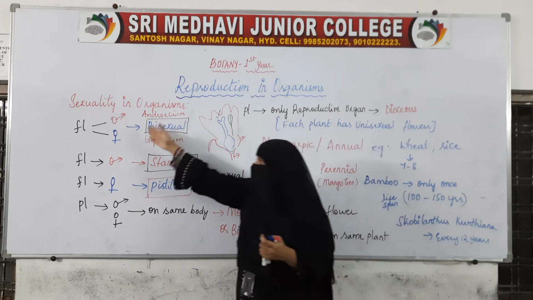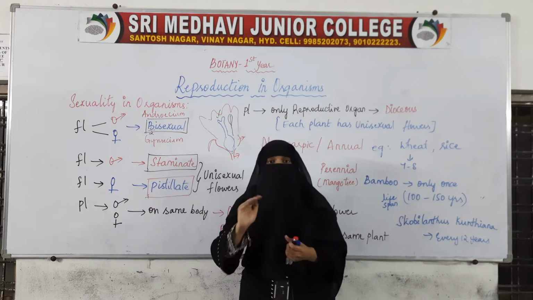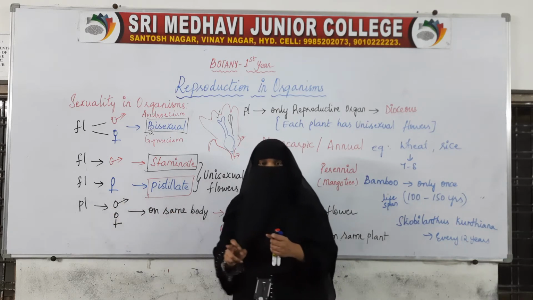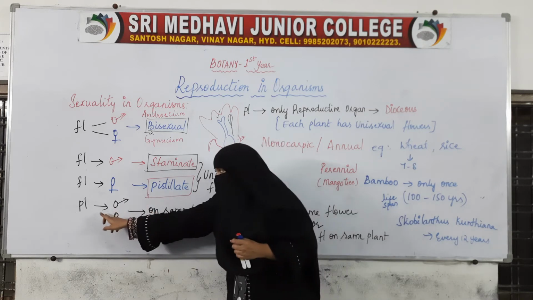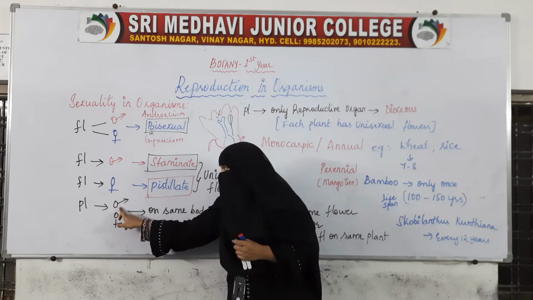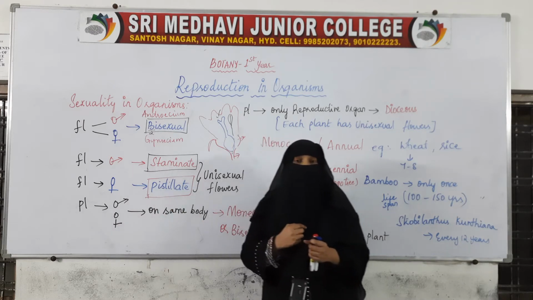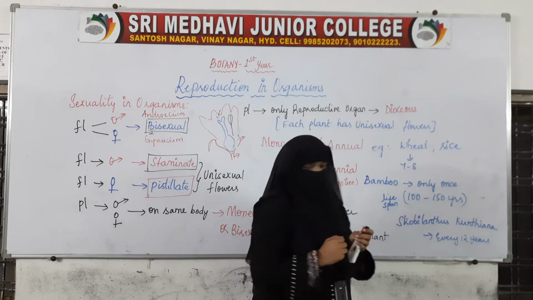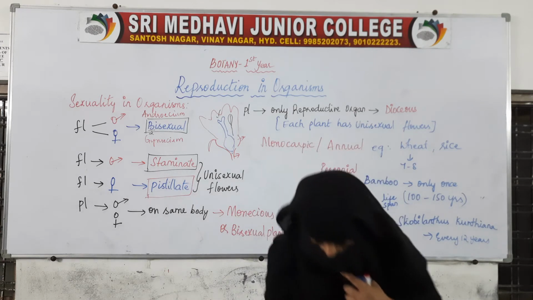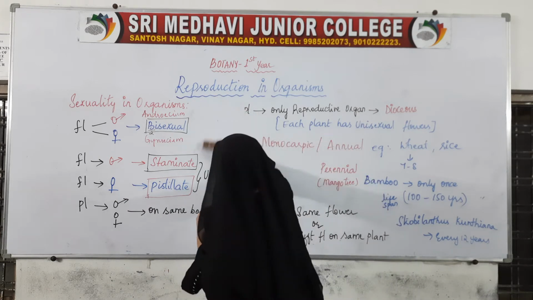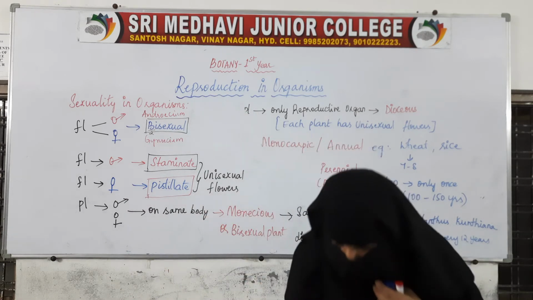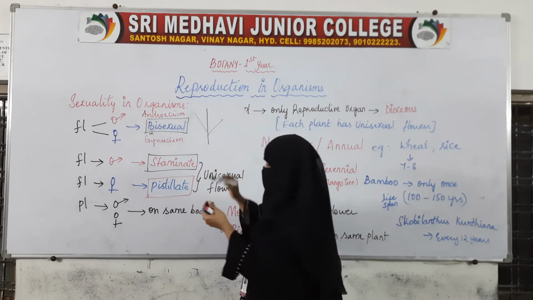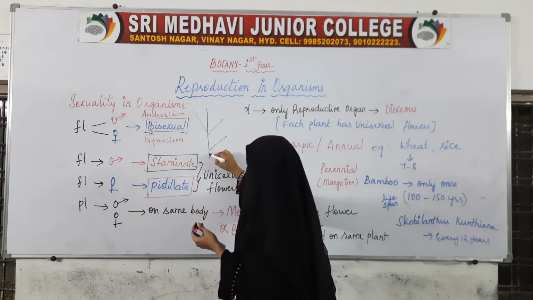Now, this was in respect to the flower. Coming to the plant, now I am talking with respect to the plant. If a plant has both male and female reproductive organs on the same body, for example, if this is a plant, I am drawing these 4 branches.